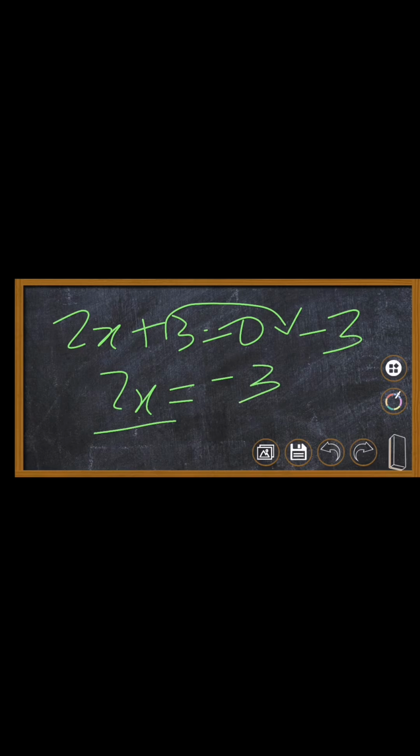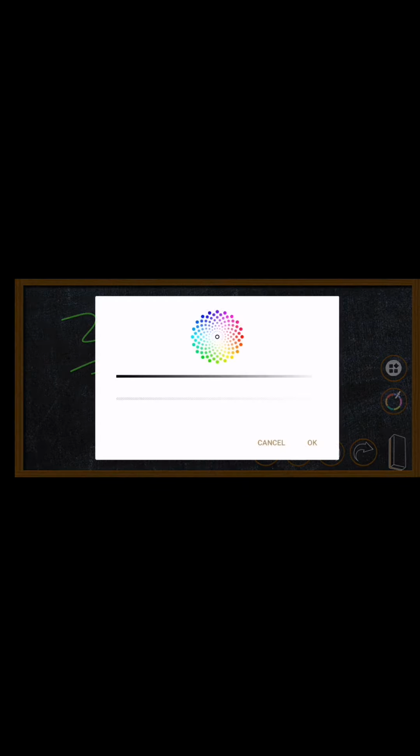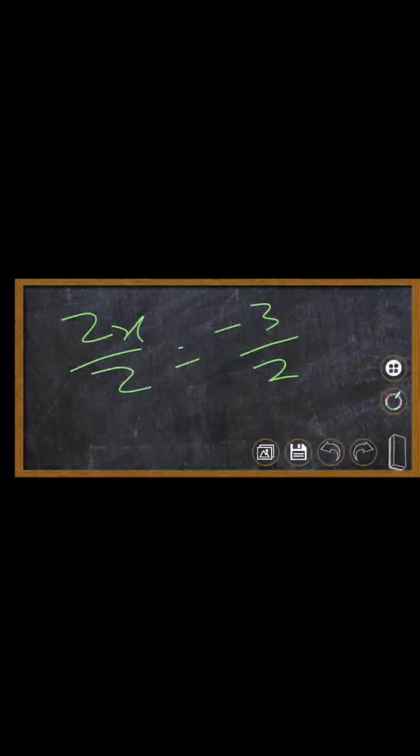And if you divide both sides by 2, 2x over 2 is equal to negative 3 over 2. We cancel the 2's and we stay with x, and this side we stay with negative 3 over 2. So our answer for x is negative 3 over 2.